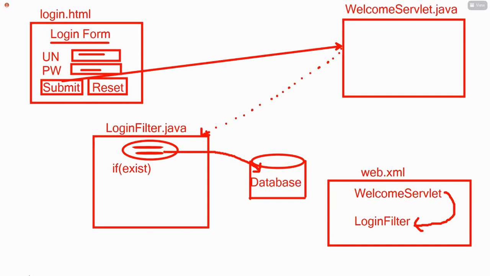If they exist, here I am not writing anything, some code will be there. That code I'll explain. Here we'll write some code. That code will check in the XML whether any other filter is configured; if so, the other filter is executed. If no other filter is configured, pass the control back to the servlet. Like this, we'll write.